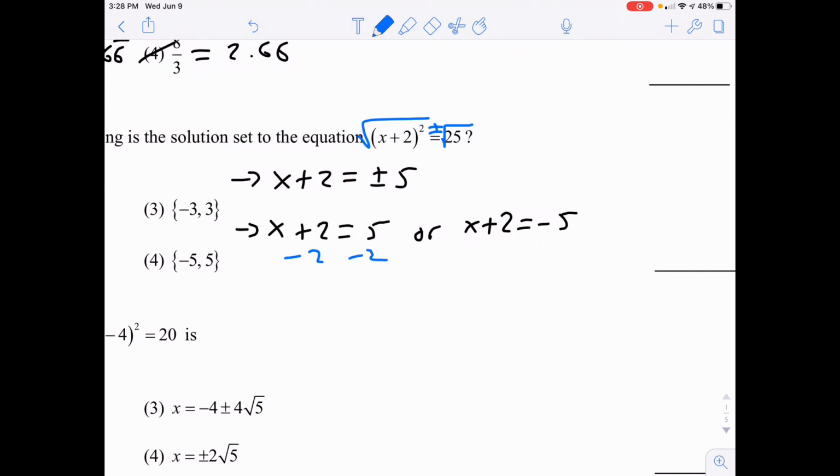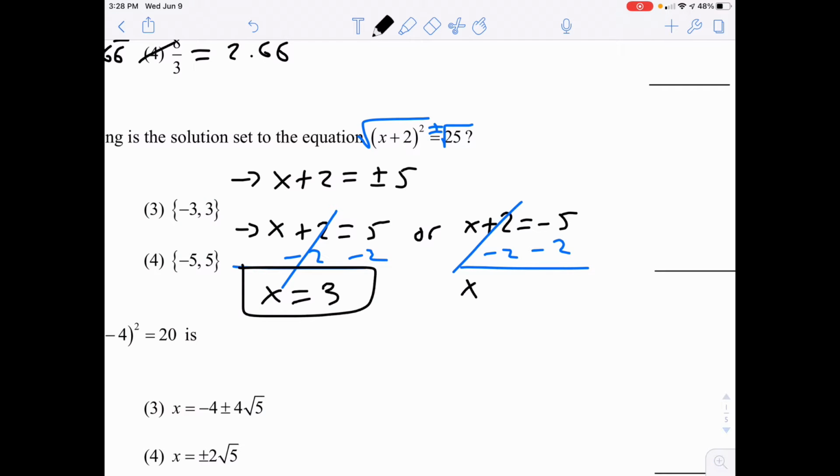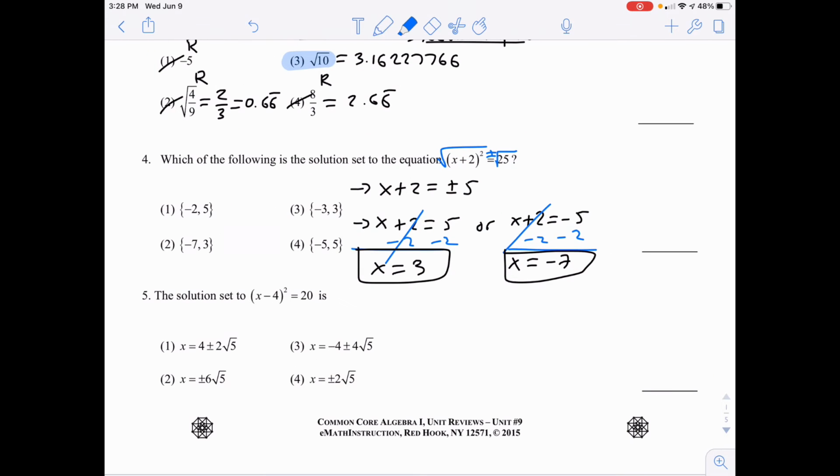Solve each one. X is equal to 3 for one solution, and x is equal to negative 7 for the other solution. Again, please remember to show all work necessary.